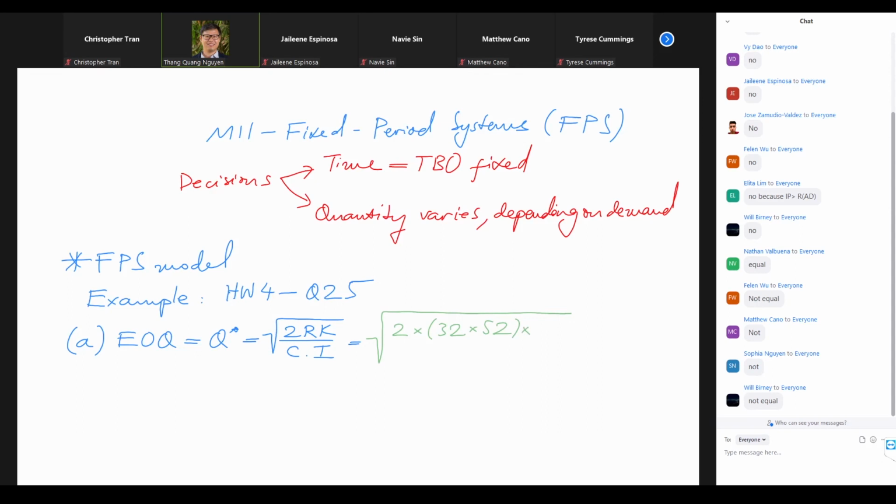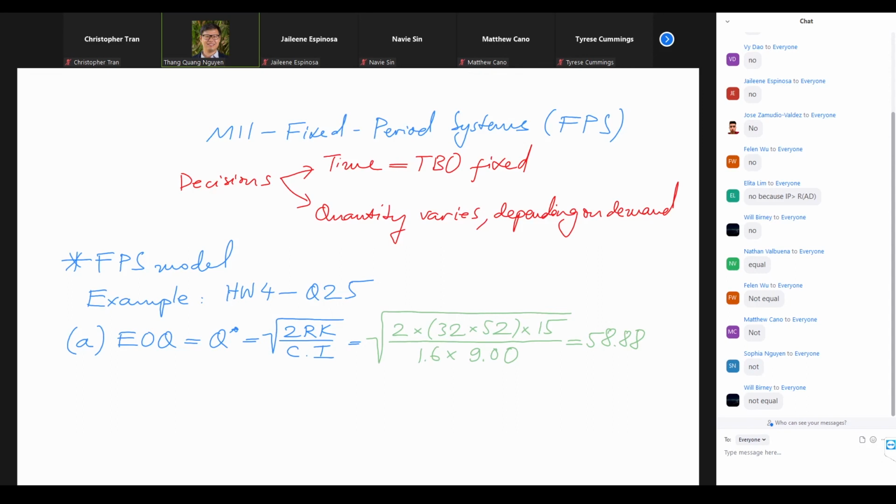And then multiply with K. K is $15 per order, right? And then the cost per unit is $1.6 per milk jug. So we multiply 1.6 with the inventory holding cost rate, which is 90%. 90% means 9.0, right? So if you calculate this equation, then you're gonna have 58.88. But remember, we talk about the milk jugs, so we will not keep that decimal number.